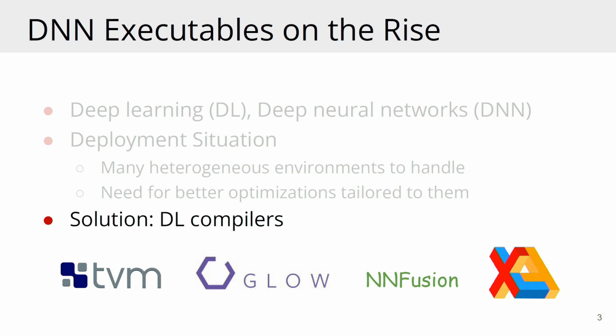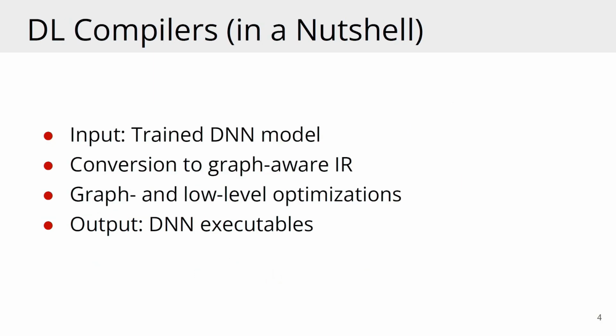In fact, we already have a bunch of them today. For example, we have TVM backed by Apache and Amazon, then Glow from Facebook, NNFusion from Microsoft, and XLA from Google, and so on. So what are DL compilers?